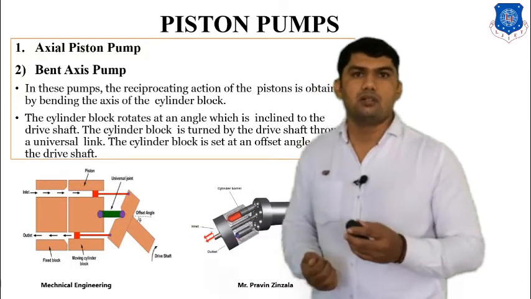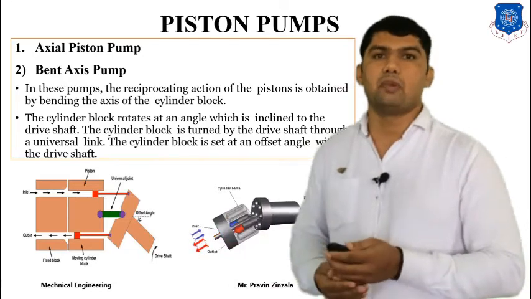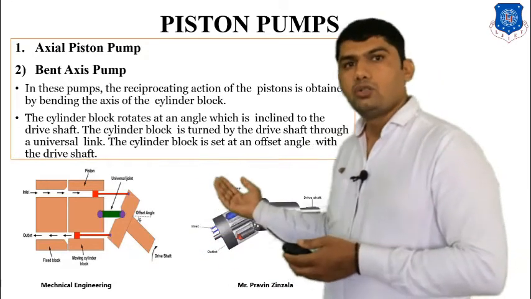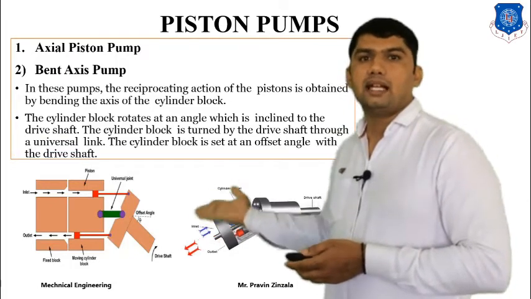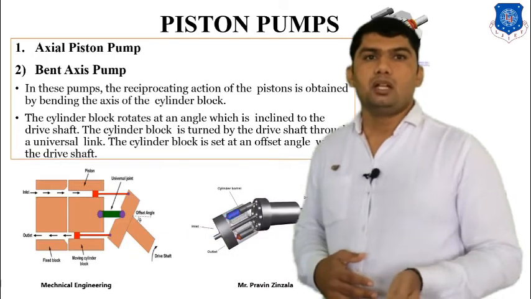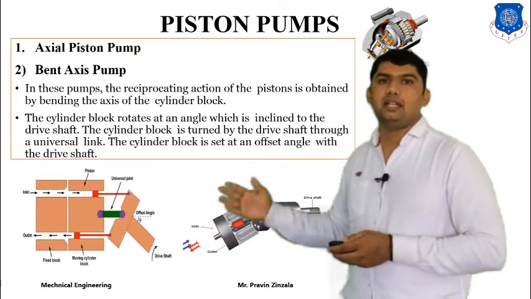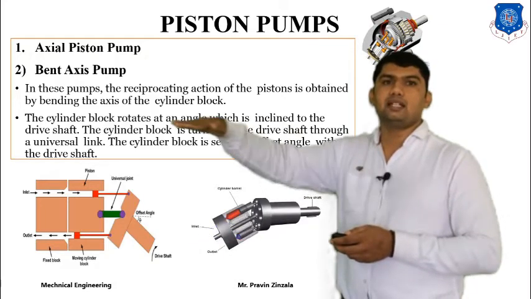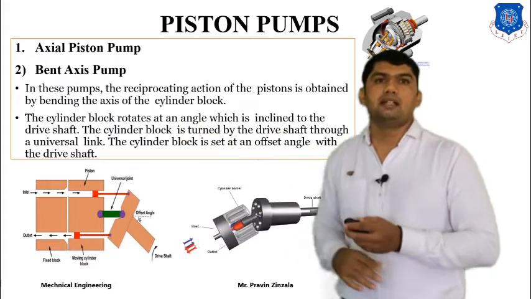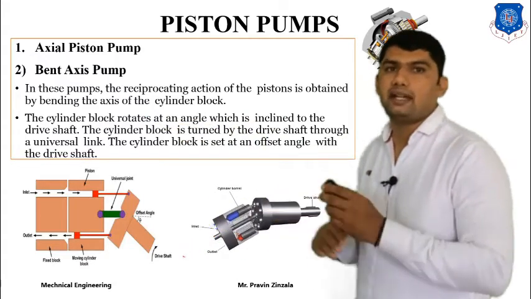This is required for particular industries and particular space requirements. According to requirement and space availability, you can use either an inline axis or a bent axis piston pump. The only difference between inline and bent axis is the axis. In the inline axis, the electric motor shaft and the cylinder barrel are on the same axis, while in the bent axis, they are at an angle.